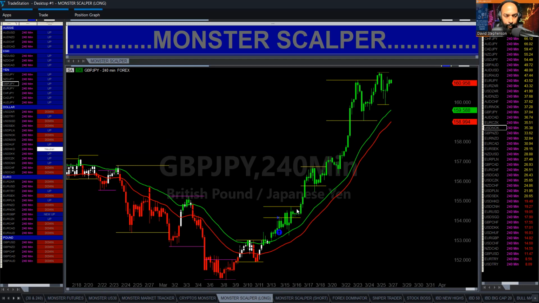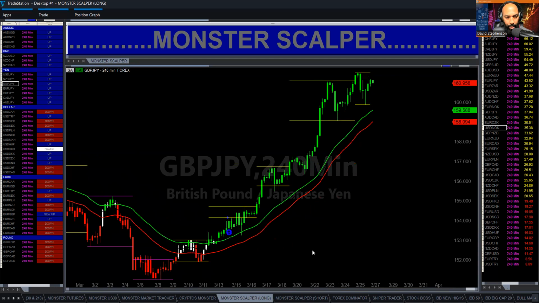A lot of professional traders with a lot of capital scale out. They take a big initial trade. We'll take pound yen as an example.